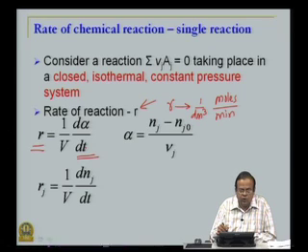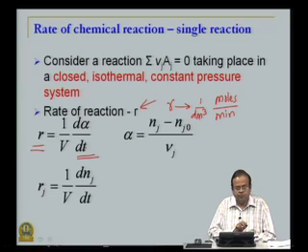You could use different units for mass, time and volume, but what is important is the presence of all these three quantities in the expression. So, rate is always in moles per minute per dm cube.